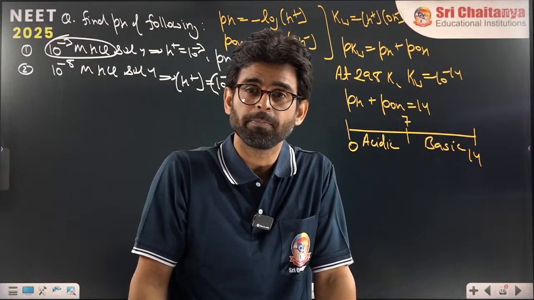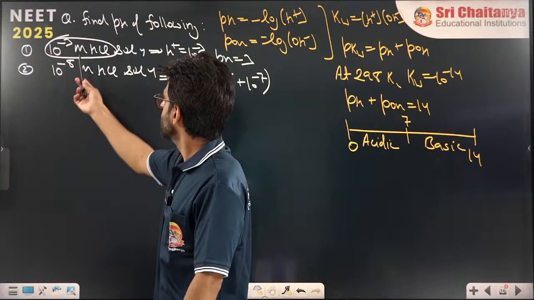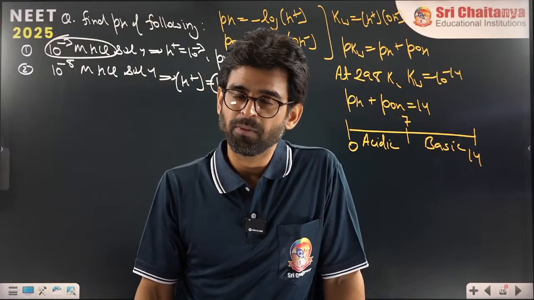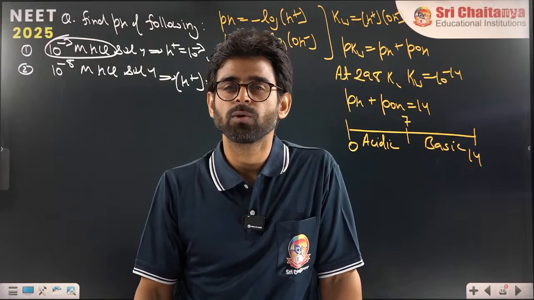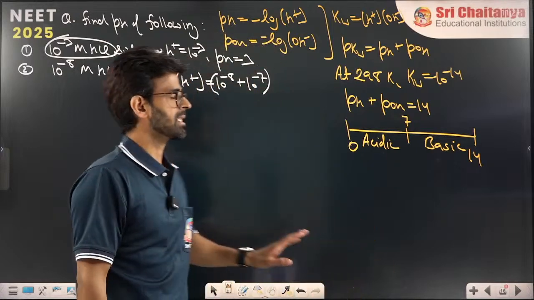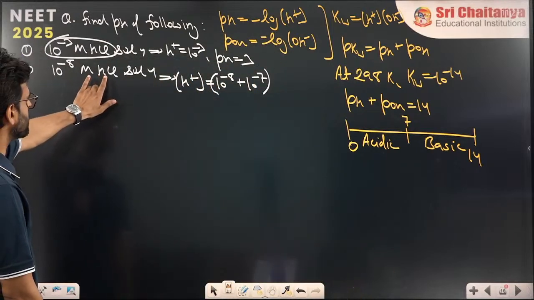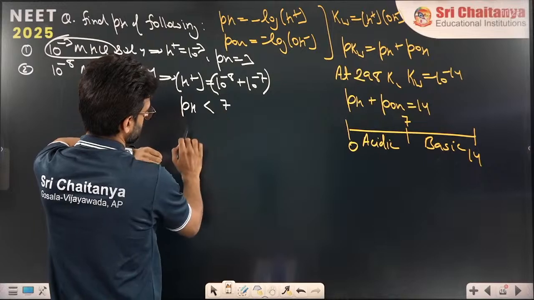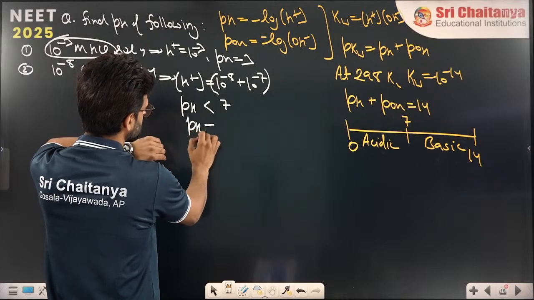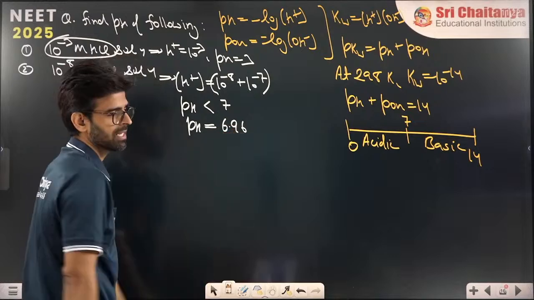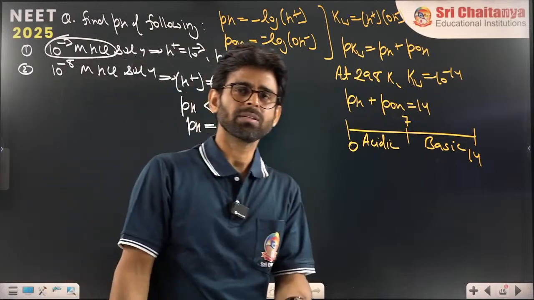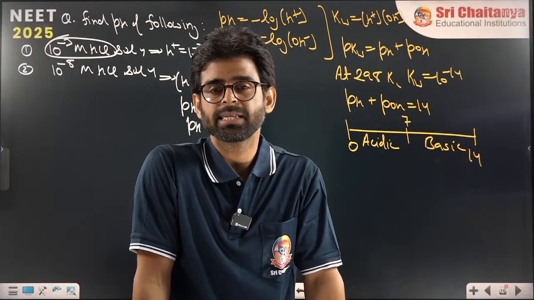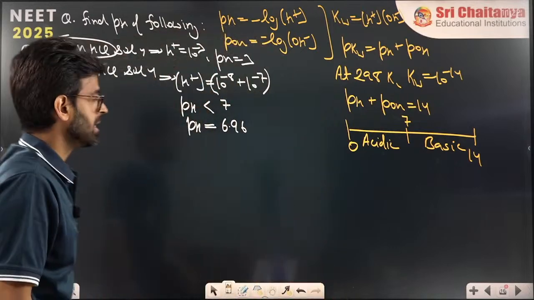Why am I not taking water's H plus here? Because water's H plus is negligible in this case. H plus given by HCl is very high. Just remember that it is an acid solution, so its pH will not be 8, pH will be less than 7, almost 6.96, 6.97. If you have an acid solution, pH will definitely be less than 7 at 298 Kelvin, right?